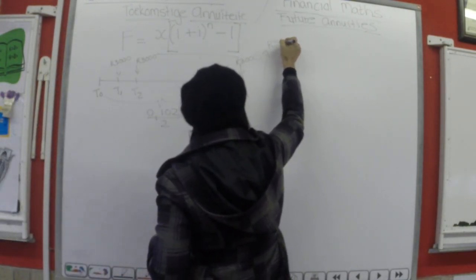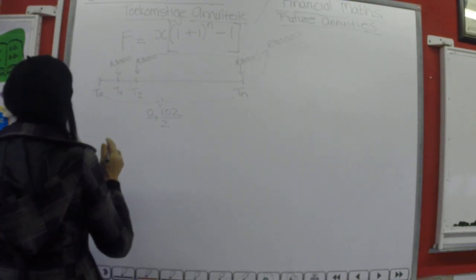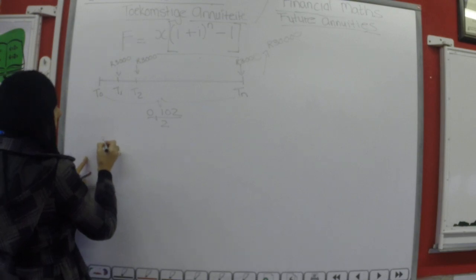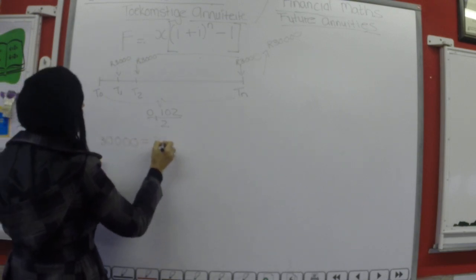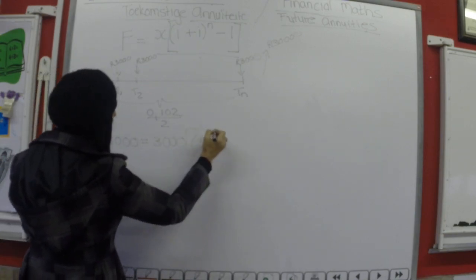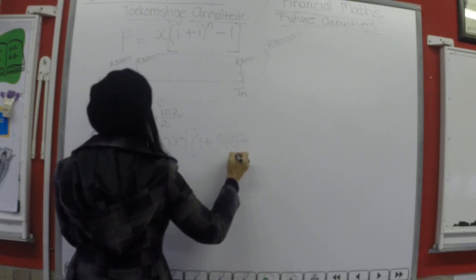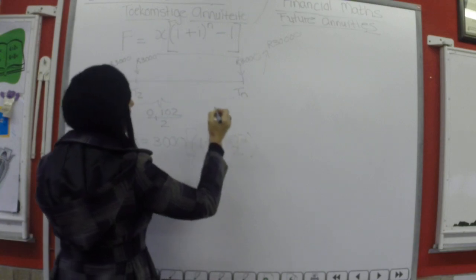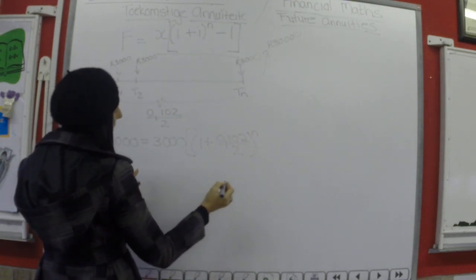So she'll have the end amount at the end of the time. So that's going to be 30,000 in place of F. 3,000 is my installment. I've got 1 plus my interest rate divided by 2. And now I've got N as the unknown.